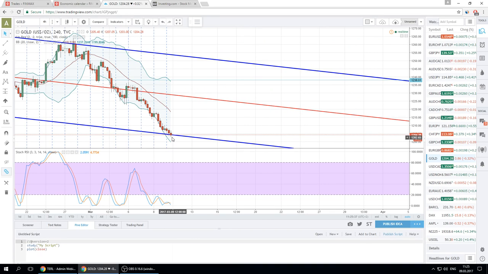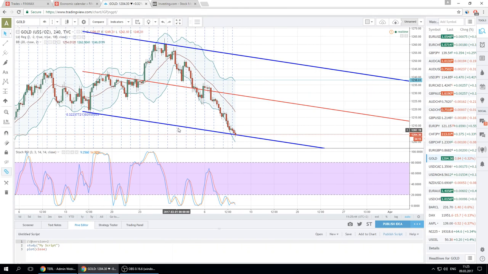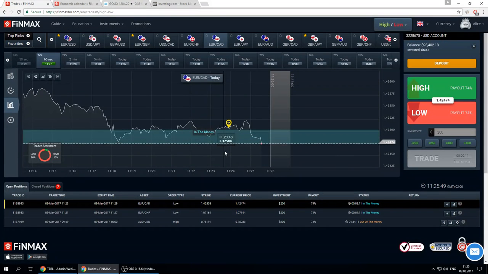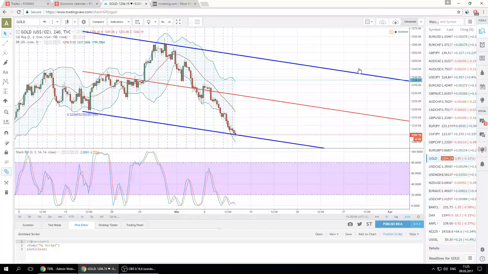So also here there is not a suitable situation to enter the trade because it can keep falling. So we need to make sure that the market turns back. Okay, for now so good.